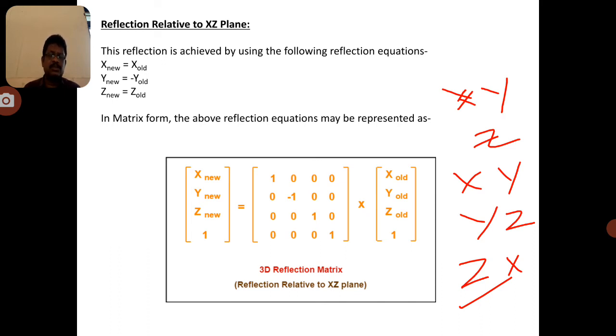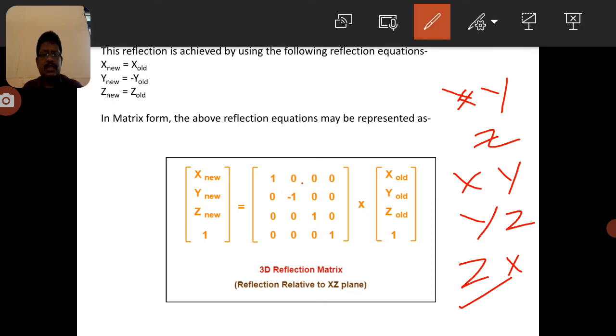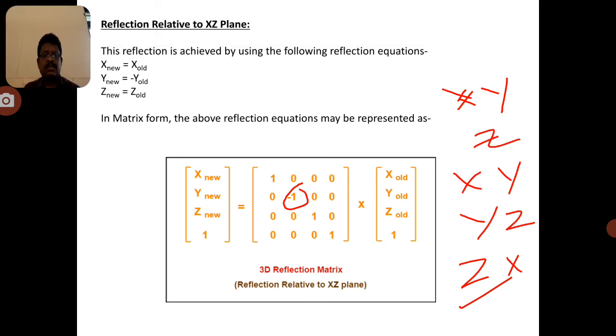Now coming to the homogeneous matrix, you can observe in this matrix only one value indicates the negative value. So which one is affected? That is the y value, the y axis is affected, that's why the y coordinate becomes -1. The remaining diagonal elements are ones and the remaining are 0, which is multiplied with x old, y old and z old, 1.